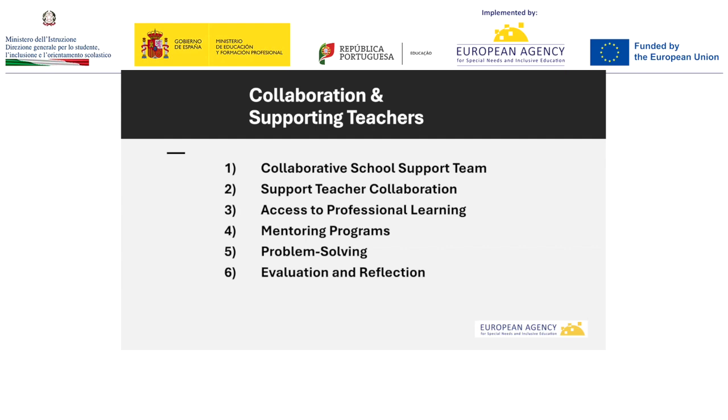Teachers face ongoing challenges, and I think ongoing professional learning is an essential part of any school's functioning in terms of improvement. And number four, a mentoring program. Number five, problem solving. And number six, evaluation and reflection.